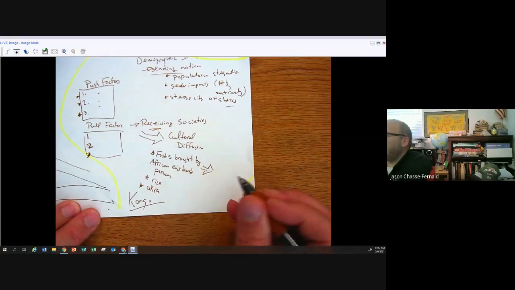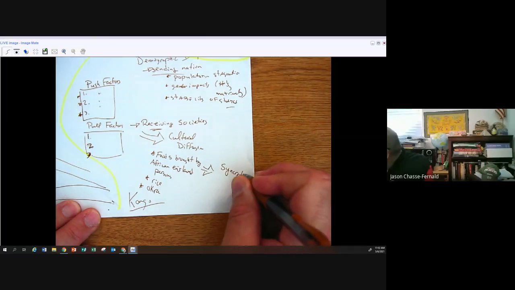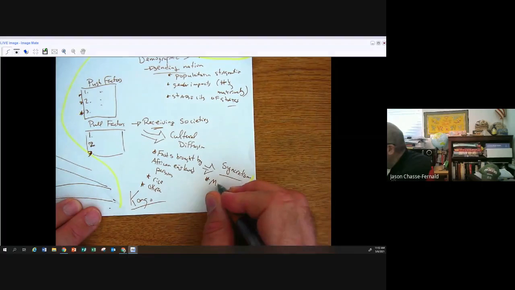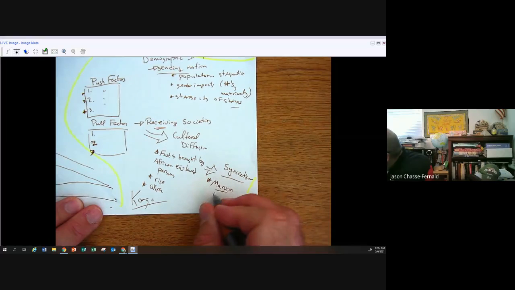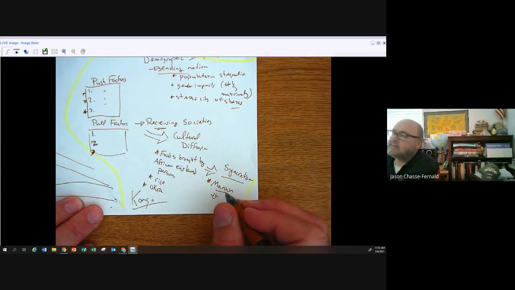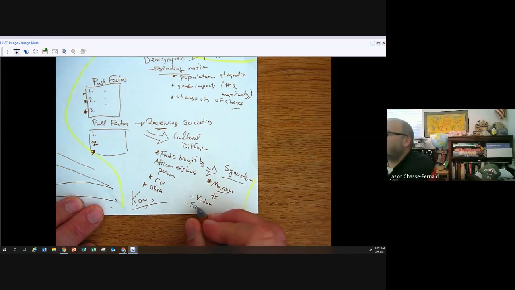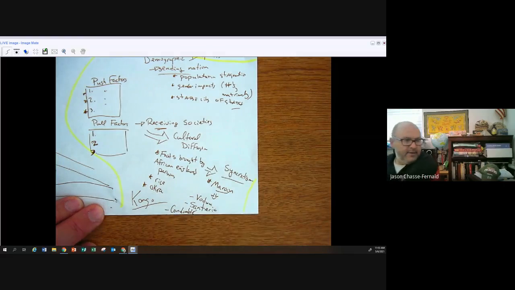Or maybe you want to talk, and provide some examples of syncretism. Maybe you want to talk about how maroon societies get formed, and maroon societies give rise to syncretic forms of religion, such as Vodun or Santeria or, I don't know, Candomblé.